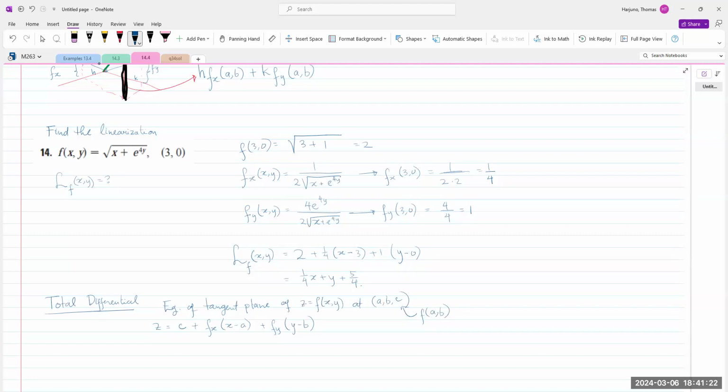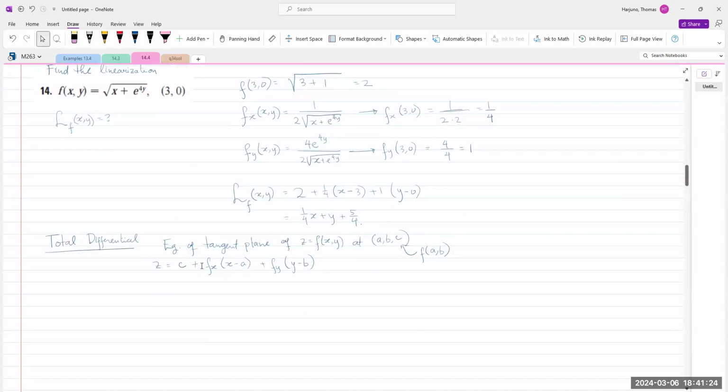Right? Now, I will move the c to the other side, and I will rewrite this a little bit. This is f sub x times x minus a plus f sub y times y minus b.